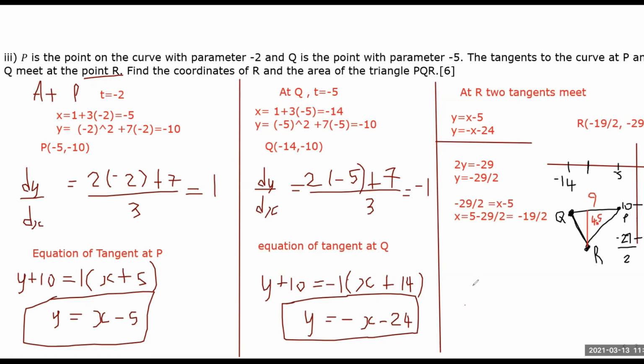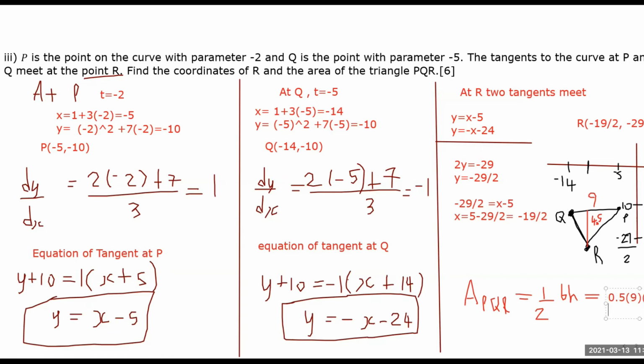And so therefore the area of the triangle PQR is a half the base times the height. We already know the base and the height, so the area works out to be half the base of 9 times the height of 4.5.